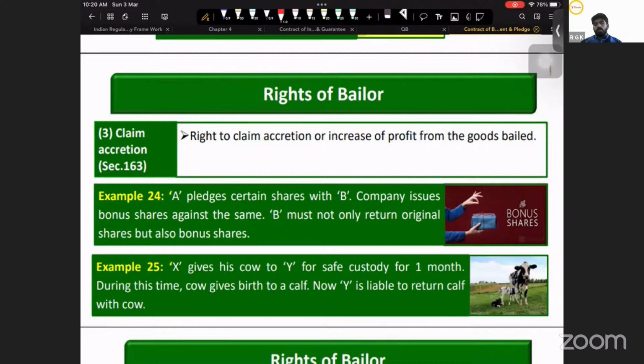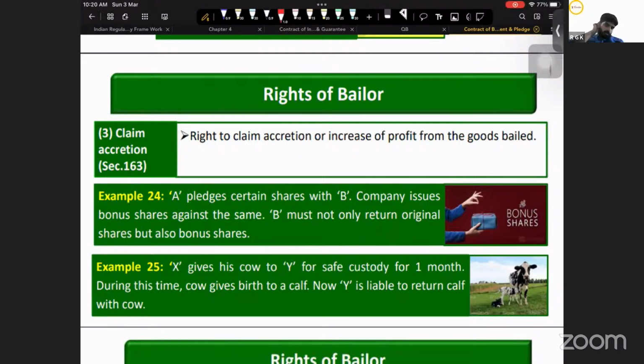Now, the bailee cannot say, when the cow was in my custody, the calf was born, so the calf belongs to me. The bailee cannot claim it. It becomes the right of the bailer to demand back both the goods as well as the accretion. Accretion means the increase that has happened on the goods. That is called the right to claim accretion.